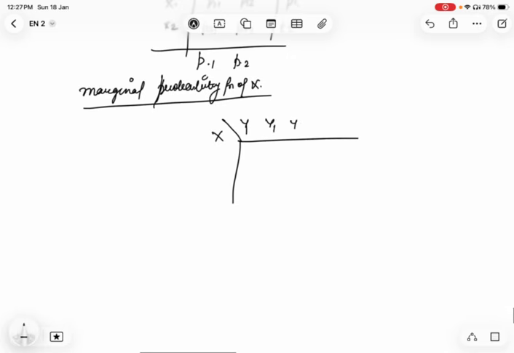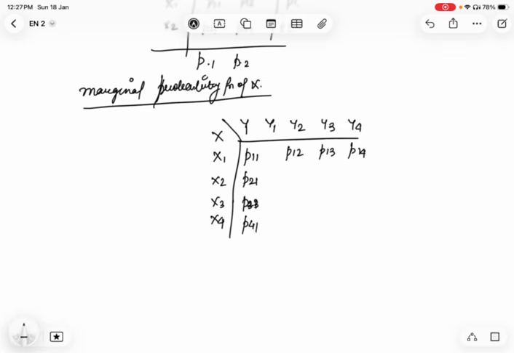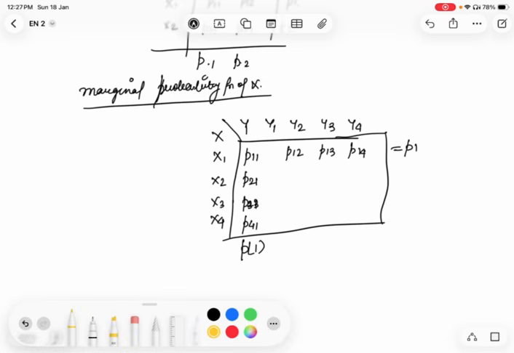See, this is y1, y2, y3, y4, and x1, x2, x3, x4, with entries p11, p12, p13, p14 and so on. So this is p1, this is p1.